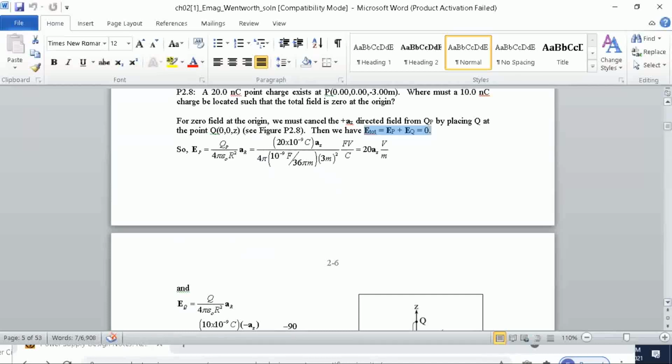No, you wouldn't have Q2 minus Q1. You would have E, the field of E, not the charge.